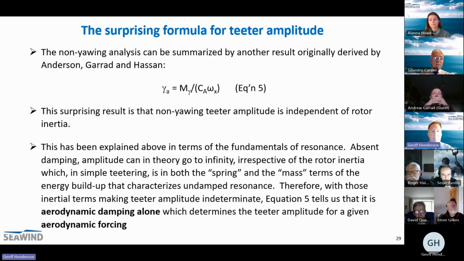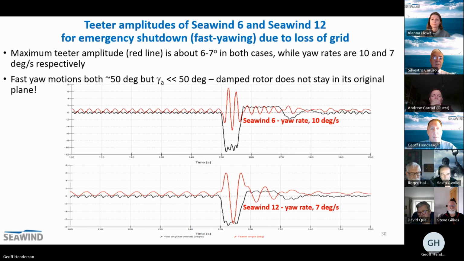So that's been explained above in terms of the fundamentals of resonance. So the spring and mass terms do not determine the amplitude, and equation 5 tells us again that aerodynamic damping alone determines the teeter amplitude for a given aerodynamic forcing.